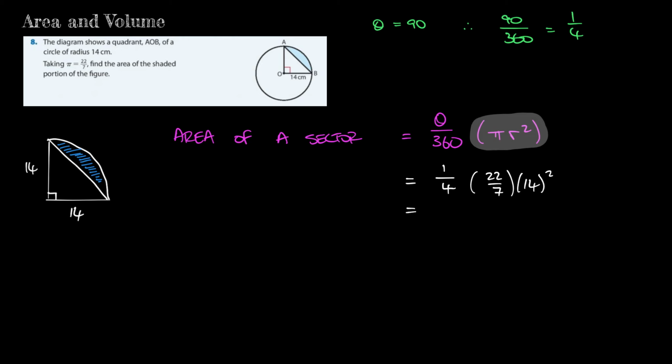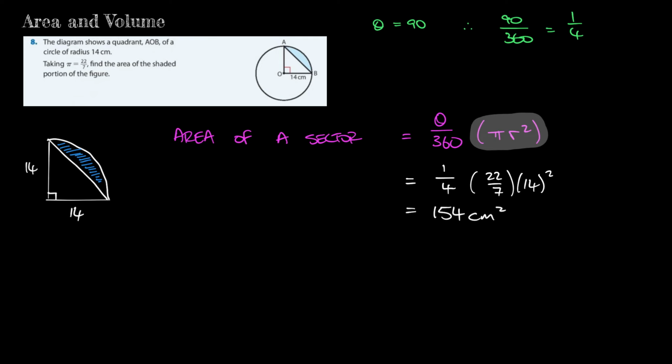So 1/4 multiplied by 22/7 multiplied by 14 squared gives me 154. And that's centimeters squared, because centimeters times centimeters gives you centimeters squared.